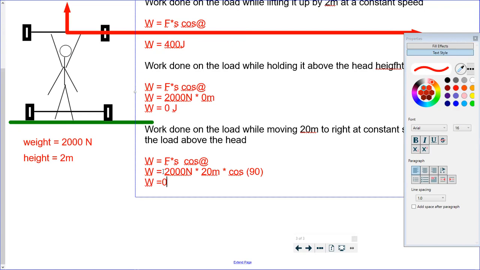We should not use any distance. We should use the distance in the direction of the force. So the object has neither moved up nor moved down. So there is no distance or displacement covered in the direction of the force. Got it?